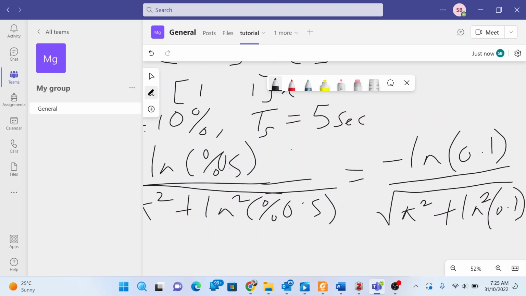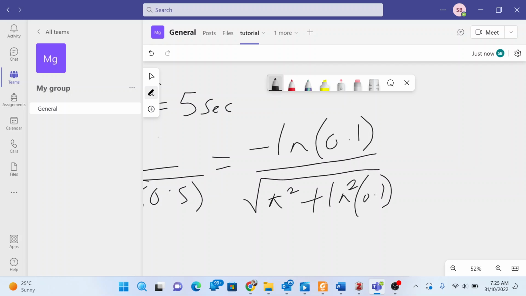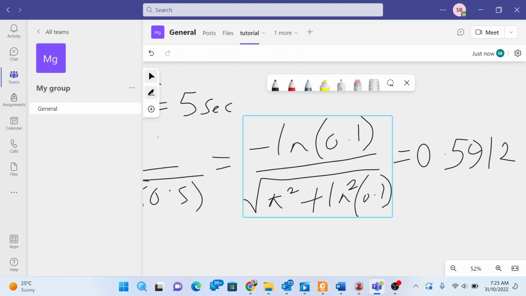So if we solve these, we are going to get 0.5912. Having obtained this, we are going to look for this angle theta.